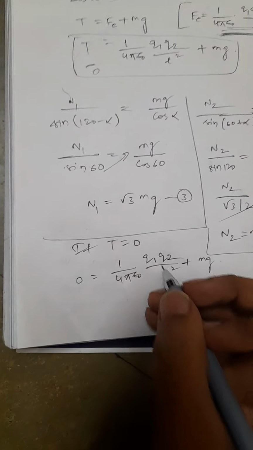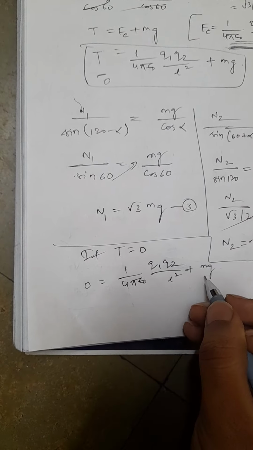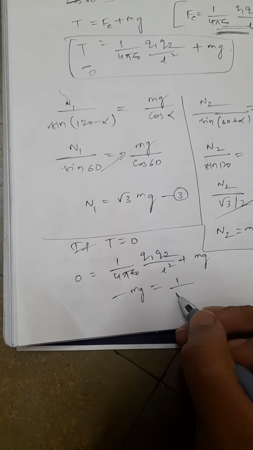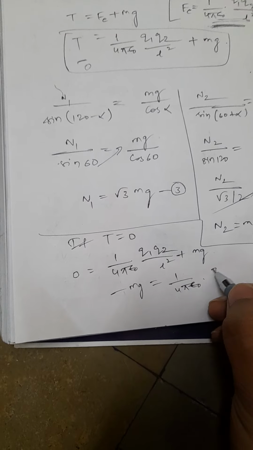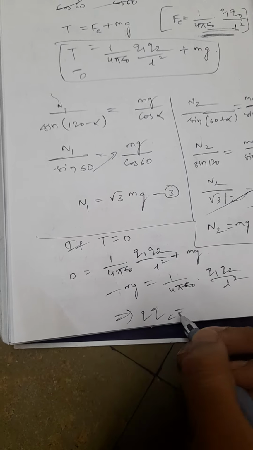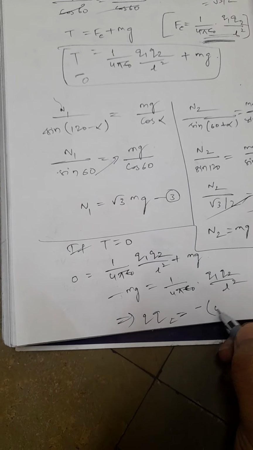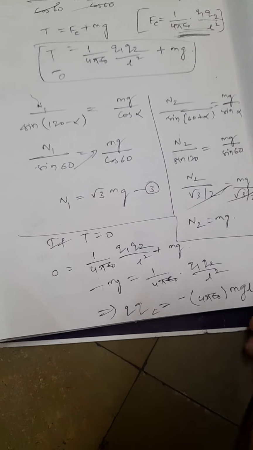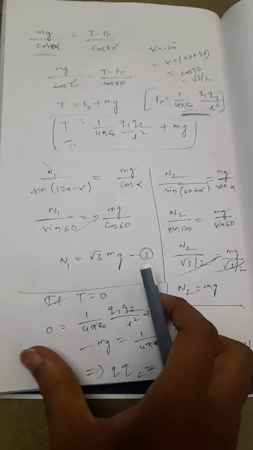Now we can send mg to the LHS side. It will be minus mg is equal to 1 by 4 pi epsilon naught q1 q2 by L square. So finally from here we can write q1 into q2 is equal to minus 4 pi epsilon naught mg into L square. Okay, so this is the required solution for the given problem.